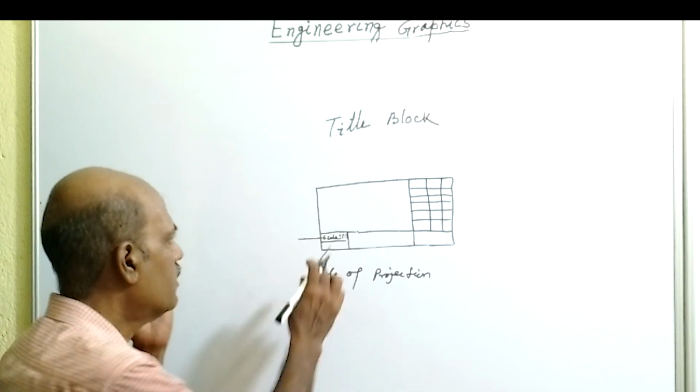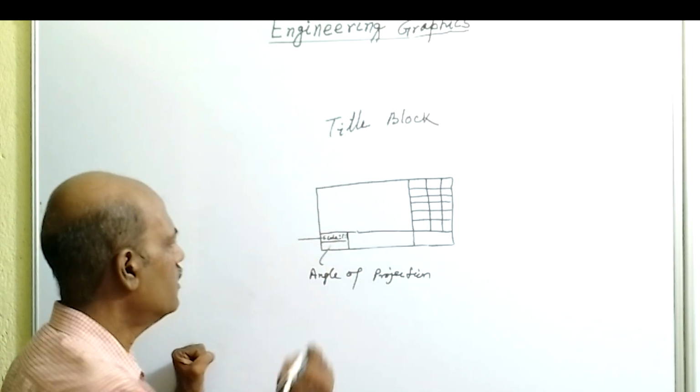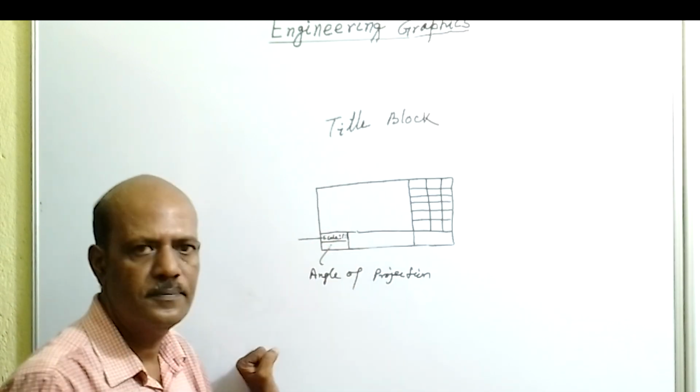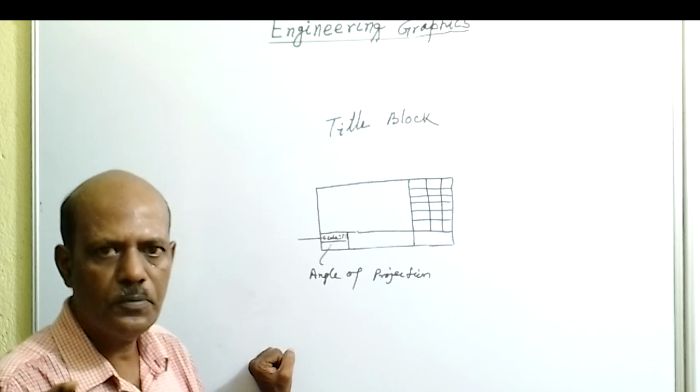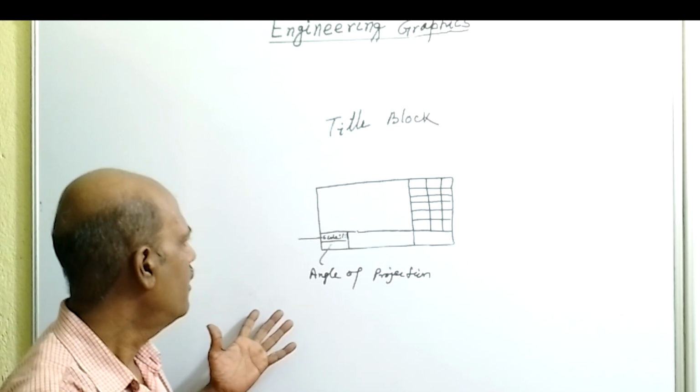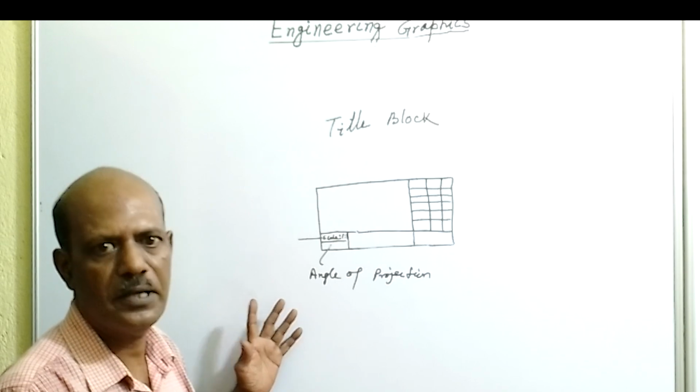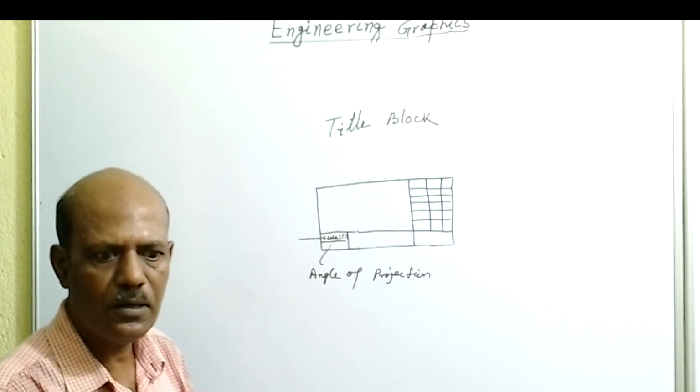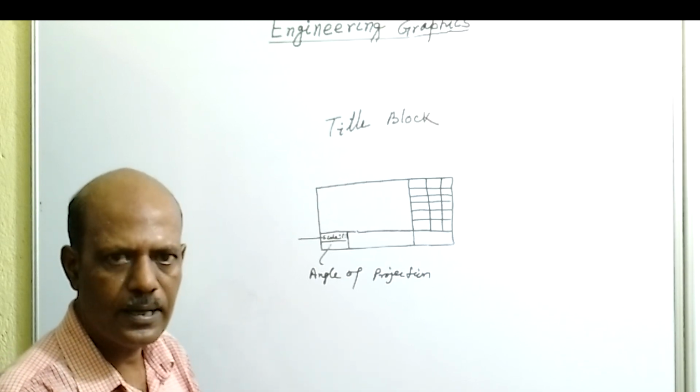That information will be here. By seeing this box, we can ensure that the drawing is done by using first angle projection or third angle projection.